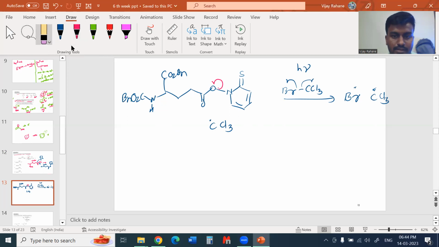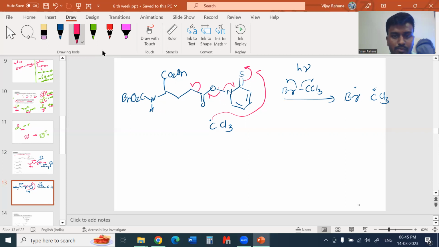Right. So here at the end, it goes to here, and this goes to here. So these radicals are getting reacted, and again, this S and this CF3 radical get reacted.